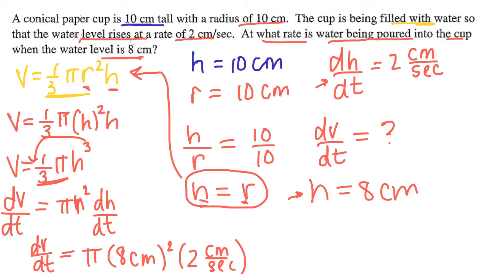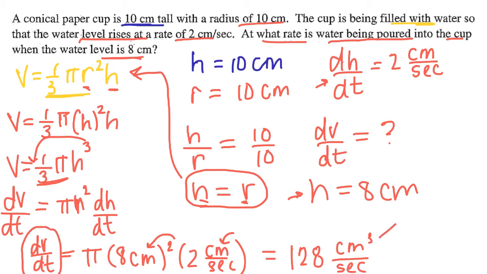And so the rate of change of the volume, 64 times 2, 128, maybe that's right, 128 centimeters cubed, isn't it? Because we have centimeters squared, then here's another centimeter, so centimeters cubed per second. Since we are talking about a rate of change of volume, we do need that to be cubic, so I'm pretty confident that that is probably correct.